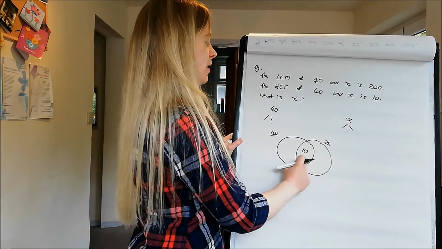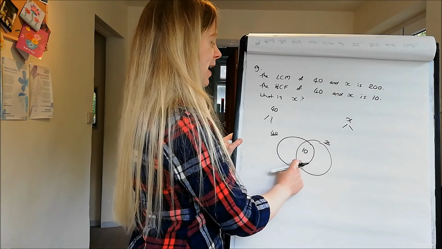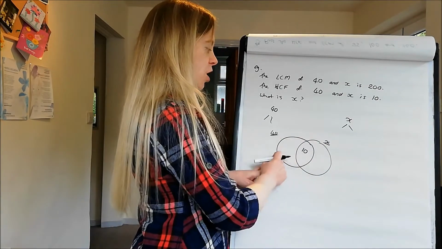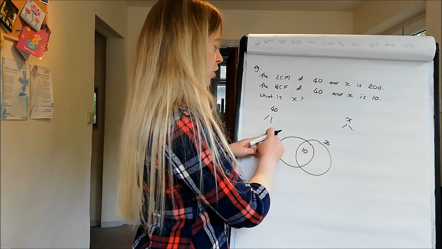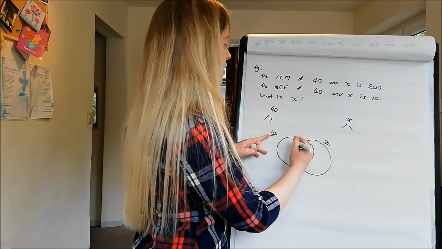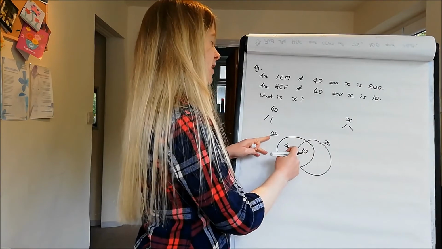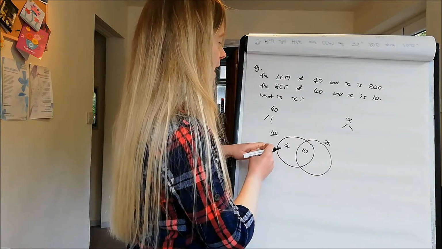So whatever went into the middle of the Venn diagram, it must have produced an answer when it was all times together of 10. We know that this circle of the Venn here times together to give the number 40, because this circle represents 40's side. So this circle here represents 40.